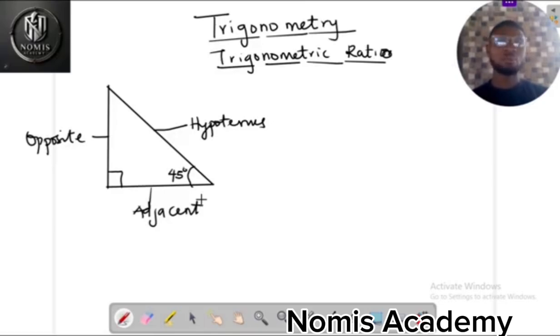And this trigonometric ratio is simply telling us the relationship between an angle and the side of the triangle. So let's take the sine, cosine, and tangent ratio for the sides and the angle relationship of a right angled triangle.